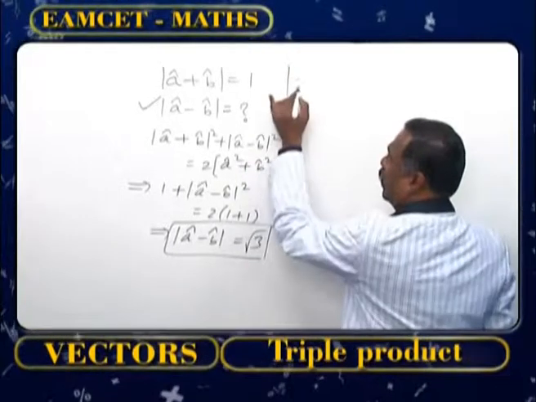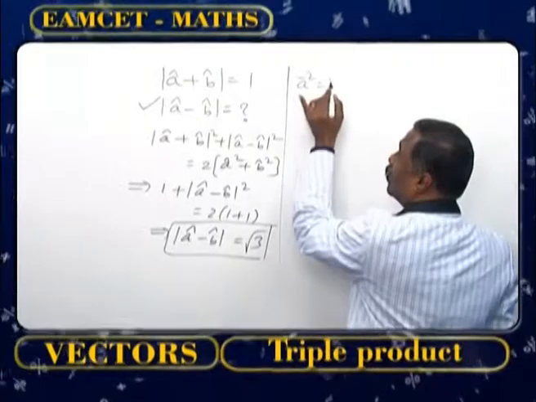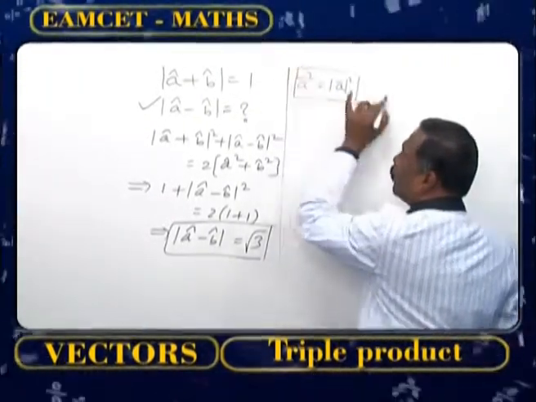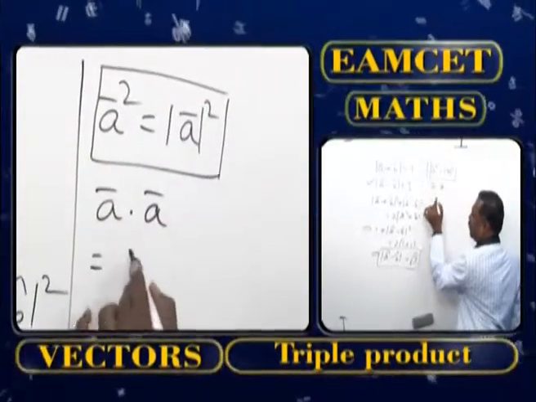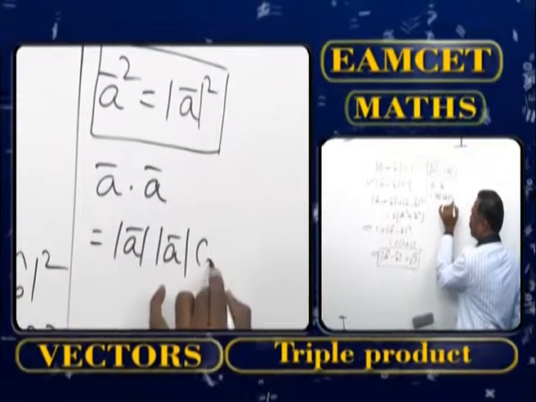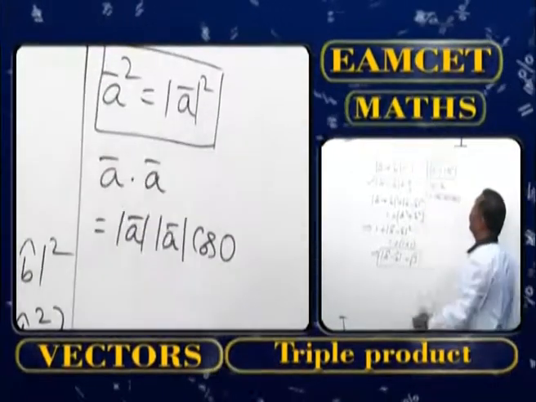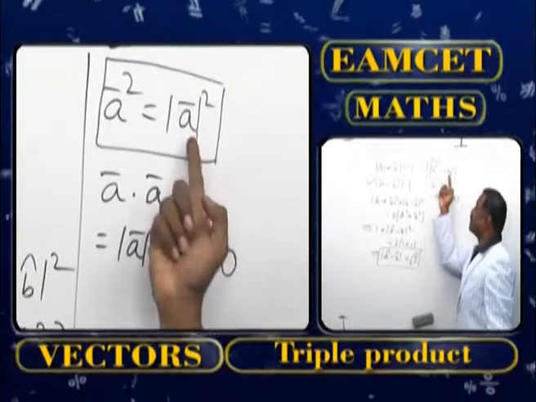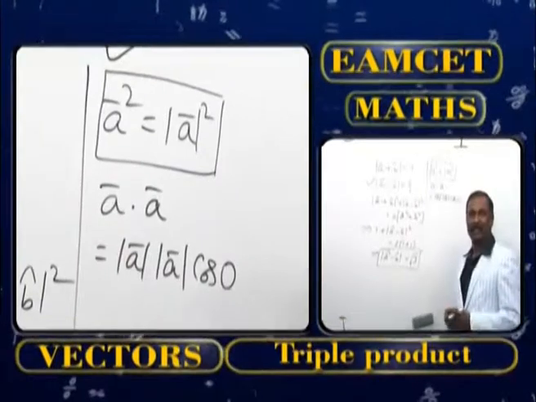Because a bar square is nothing but mod a bar square. Why is it so? A bar square is nothing but a bar dot a bar. A bar dot a bar, if you apply the dot product here, mod a bar into cos 0. Cos 0 is 1. So that is why whenever you want to find out the modulus of any vector, consider its square and remove the modulus and expand it.